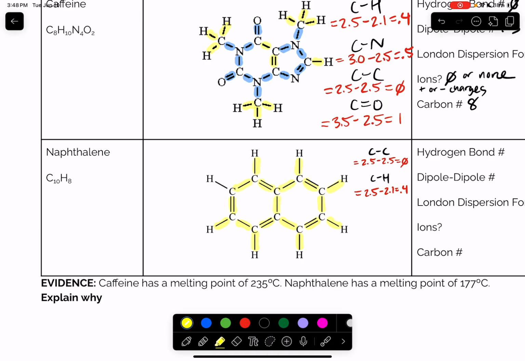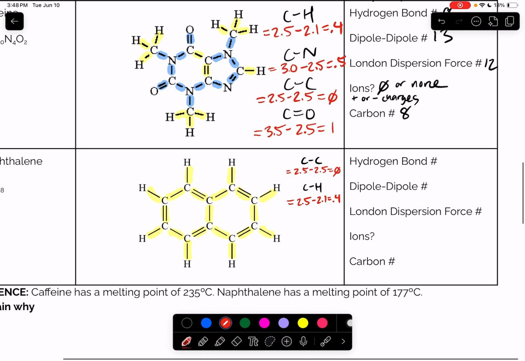Highlighting all of those yellow. Alright, so now we're going to do a count. Remember, hydrogen bonds and dipole-dipole are polar bonds. We don't have any polar bonds because nothing is highlighted blue. So right off the bat, I'm going to put a 0 for both.